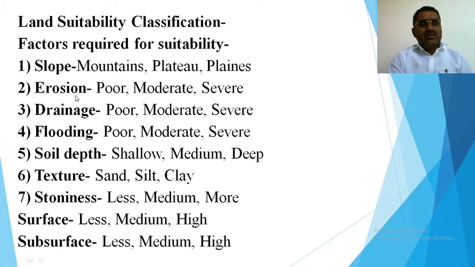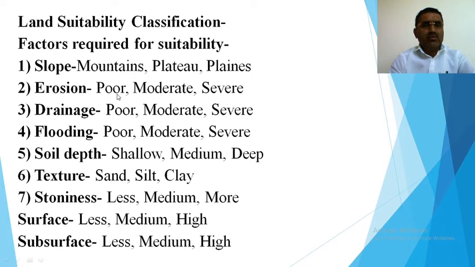The next point is erosion. Although there is soil, it gets eroded after some time passes, and then there is no suitability for agricultural practices, and that's why how erosion occurs also matters in agricultural suitability.